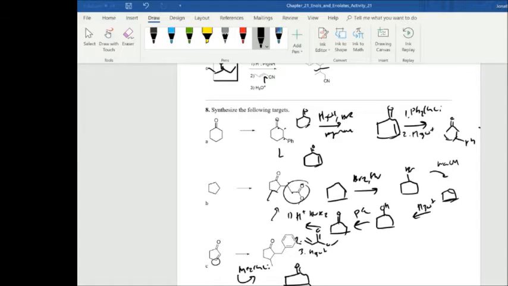And now from here, remember, when you do 1,4 addition, wait, how does that negative charge get there?